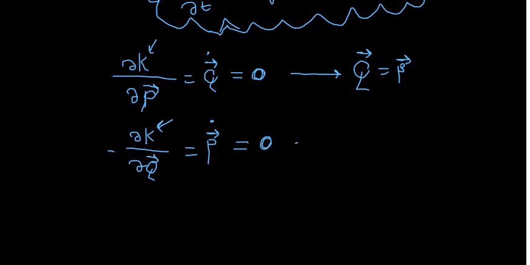And this tells us that this P is actually constant as well. So this means we're transforming our old canonical variables to some new canonical variables which are constants of motion. They're not changing with time. They're constant all along. Okay, so actually that's cool.